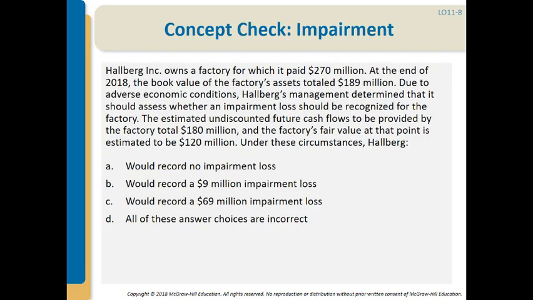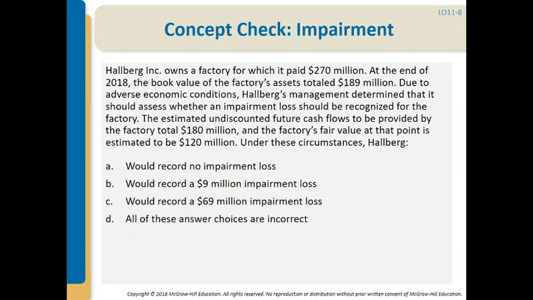All right, so here we have an example. Hallberg Inc. owns a factory for which it paid $270 million at the end of 2018. The book value of the factory's assets totaled $189 million. Due to adverse economic conditions, Hallberg's management determined that it should assess whether an impairment loss should be recognized.